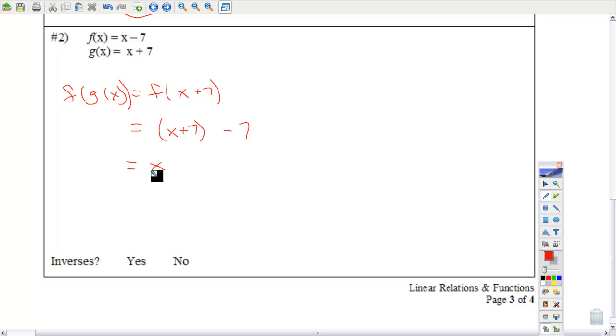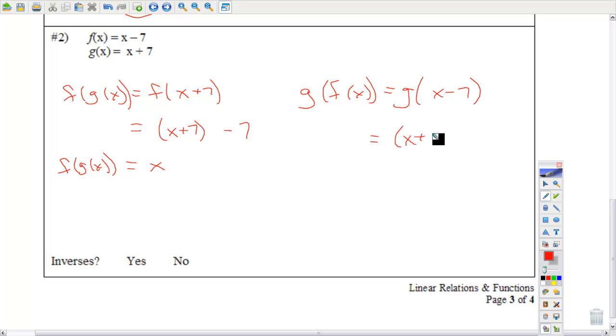My 7's cancel, so I get f of g of x equals x. So this has the potential to be inverses. G of f of x. That's g of x minus 7, which is x minus 7 plus 7, your x's cancel. We get x for both answers, so they're inverses.